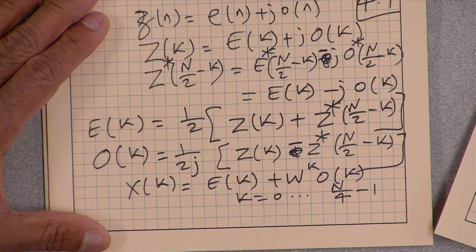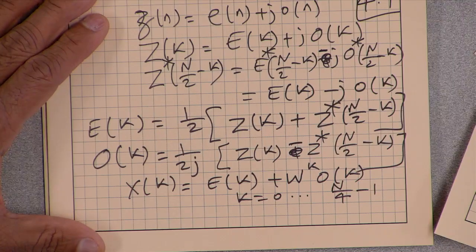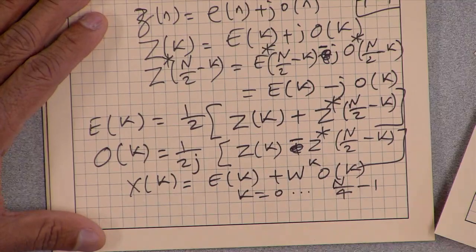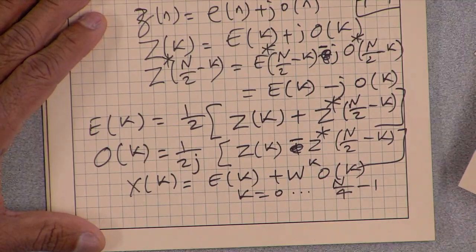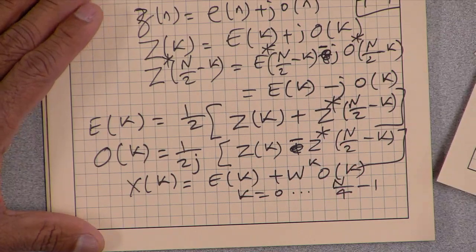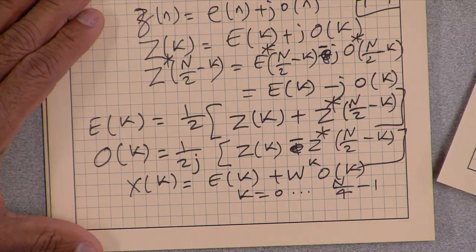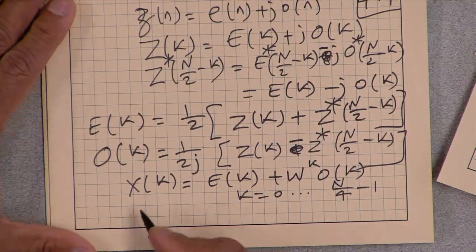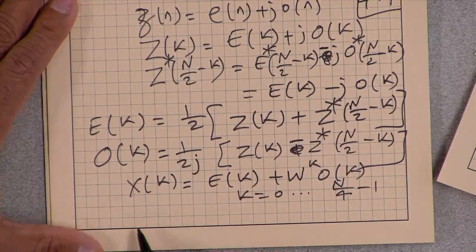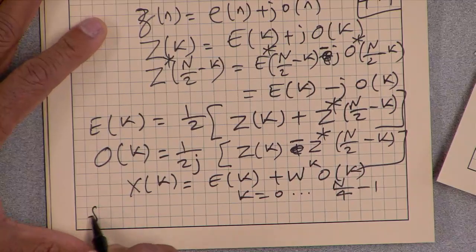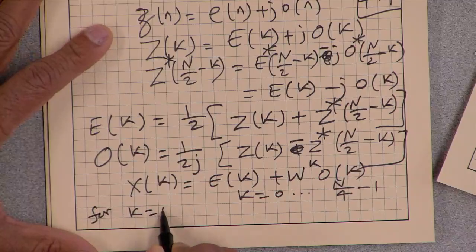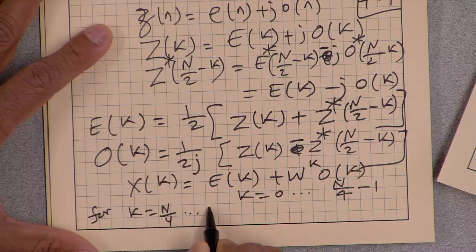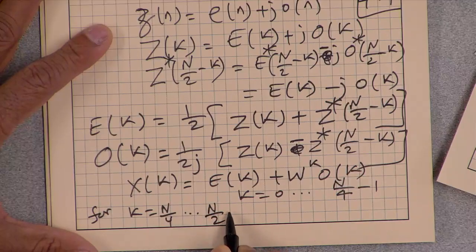So that's Xk, and what happens for k equal to n by 4 to n by 2 minus 1?